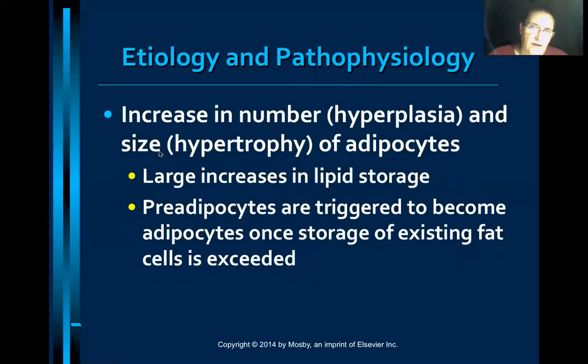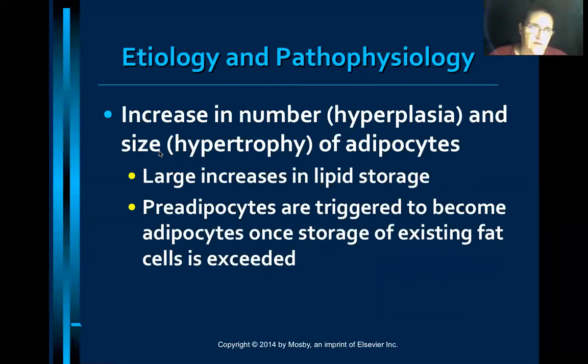This talks about the increased number, or hyperplasia, and the size, or hypertrophy, of adipocytes. Hypertrophy is a process by which adipocytes can increase their volume several thousandfold to accommodate a large increase in lipid storage.